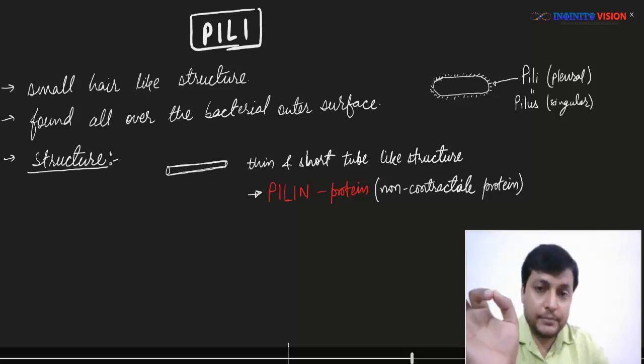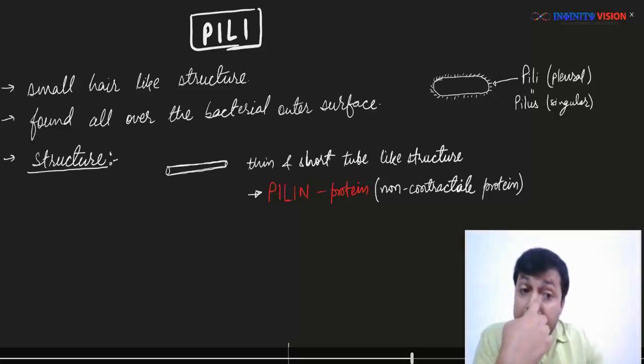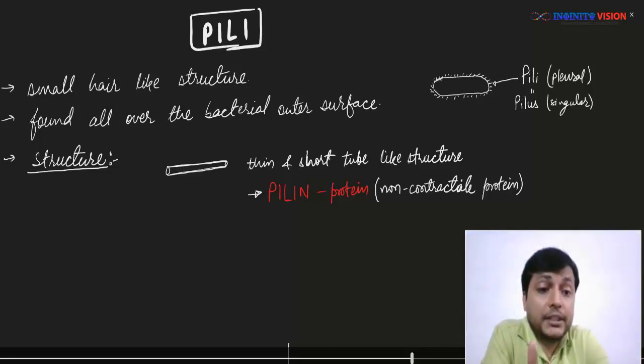They may not. Another important thing, when you will study cells, you will find cilia. Now cilia is similar to pili, but cilia is only found in eukaryotic cells. They are never found in prokaryotic cells. Do remember this. So bacteria can never have cilia. They can have pili or flagella.